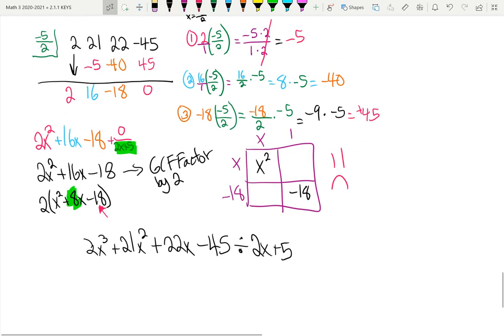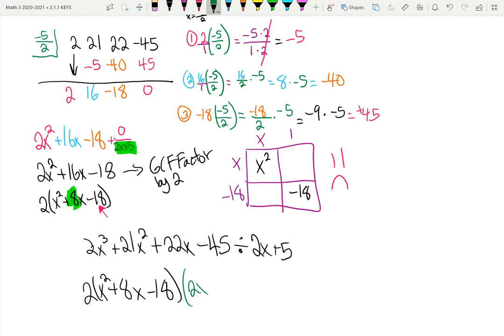What I got from my synthetic division is 2x squared plus 16x minus 18, and after factoring it, I became 2 times x squared plus 8x minus 9. I'm going to multiply it by my divisor, and then this is going to equal my starting answer.